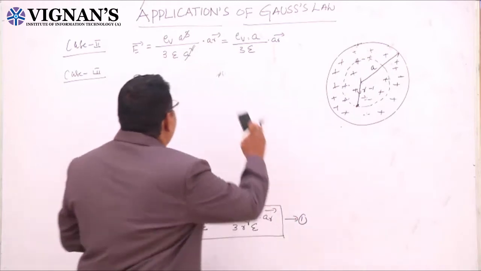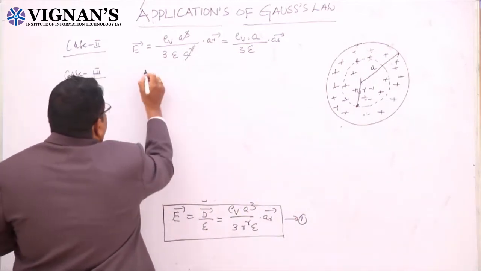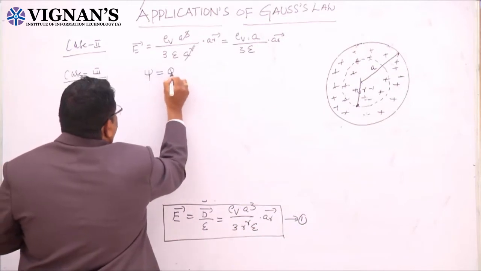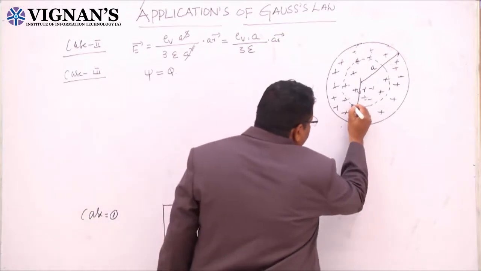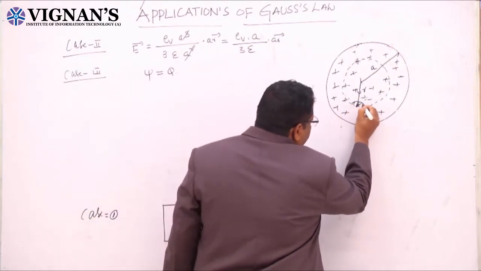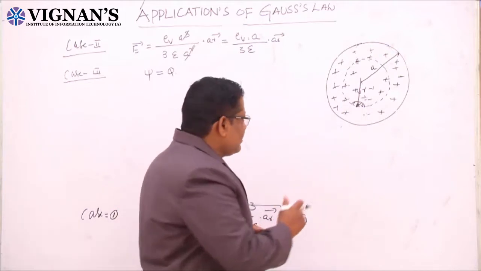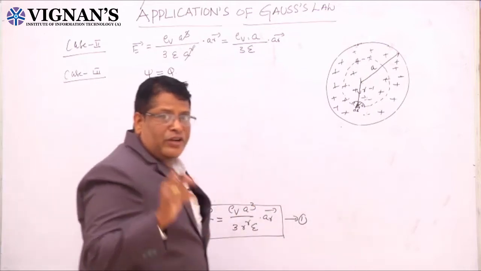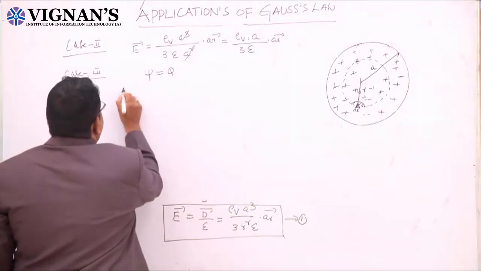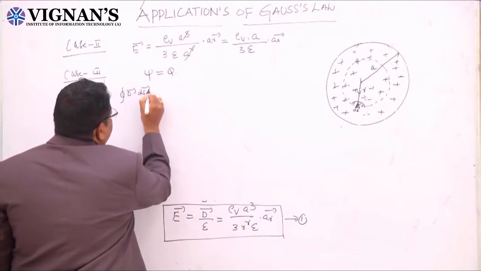Again we have to apply the Gauss law, that is psi equals Q. See here, you take the differential surface area perpendicular to the R, ds. In the first case we derived that this we can write as a surface integral D bar dot ds bar.